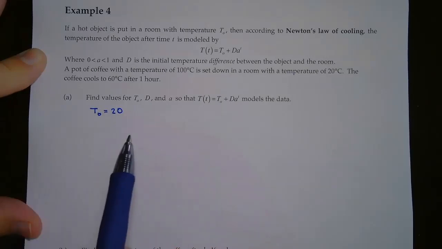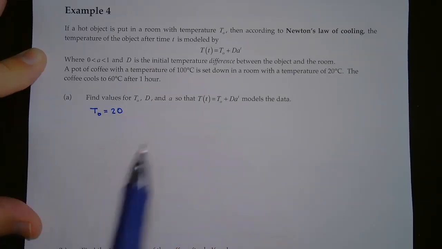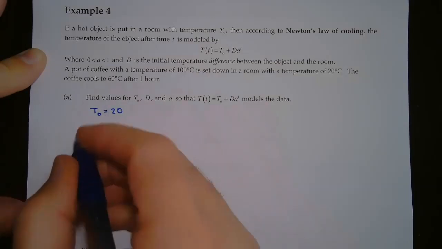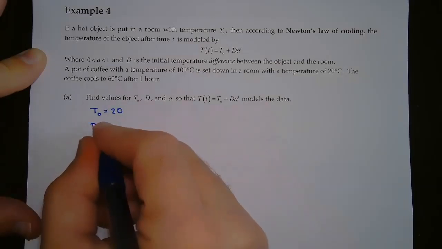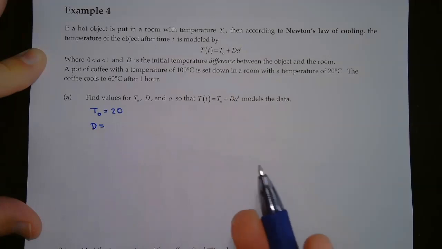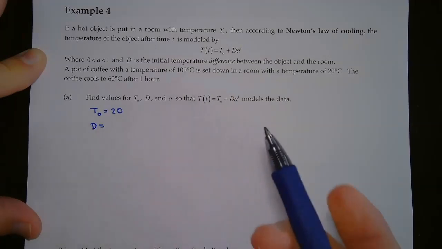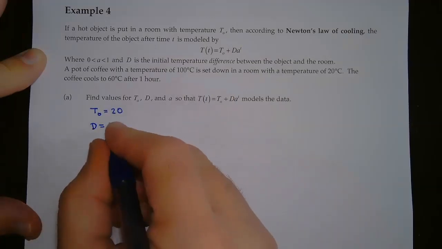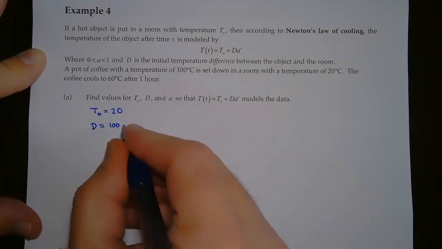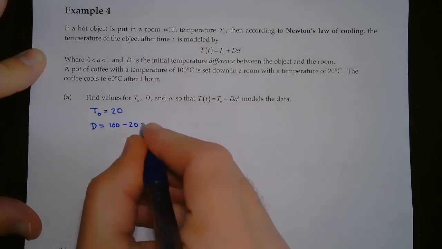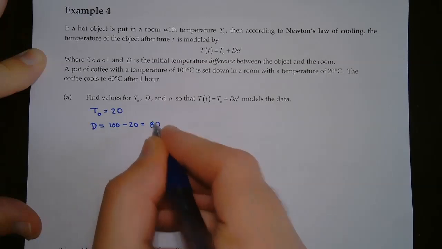The D is the difference between the object and the room. So D is equal to 100 degrees minus 20 degrees, and that would give you 80 degrees.